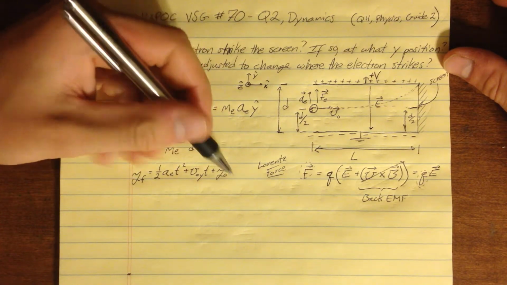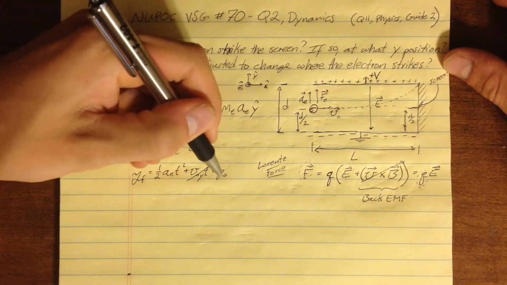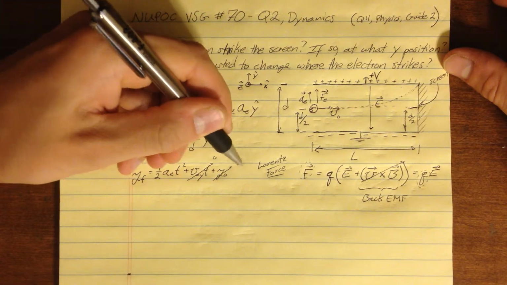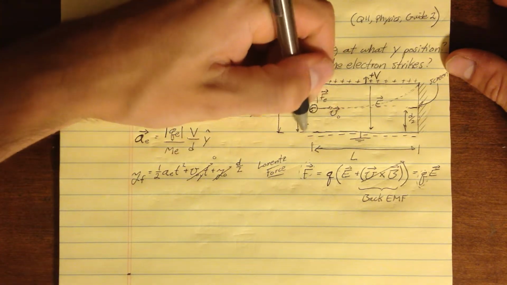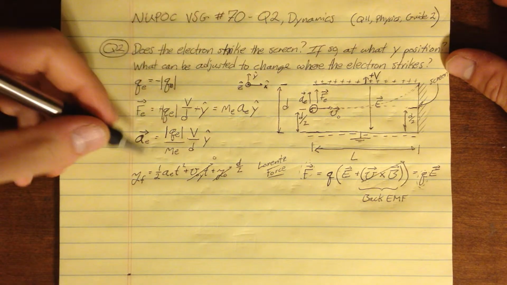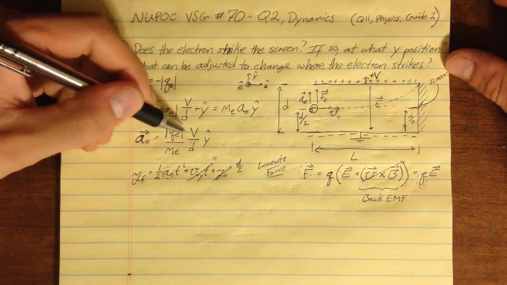Well, we have no initial velocity in the y direction, so this term is 0. This term y0, we can just say that that's d over 2. That was the initial y position, if we say that this bottom plate here is y equals 0. And now we know what AE is, that's just right here.